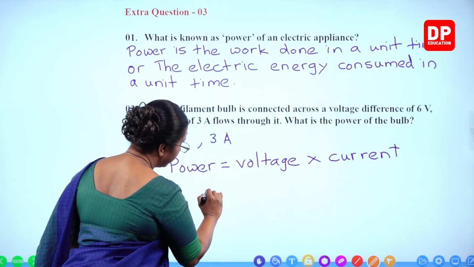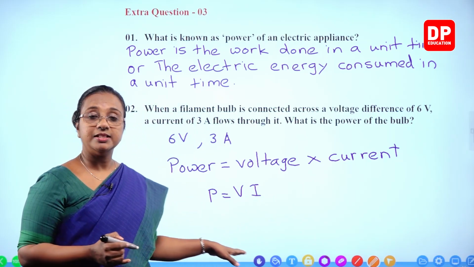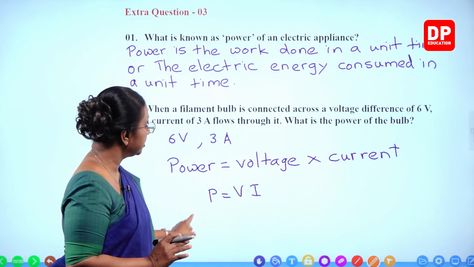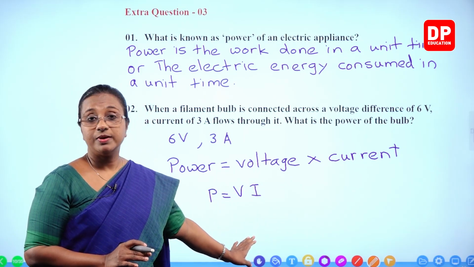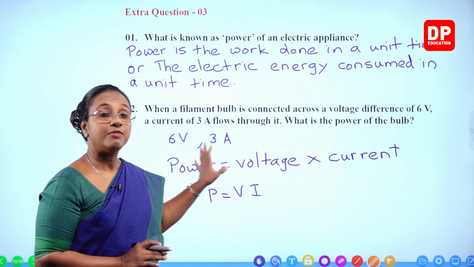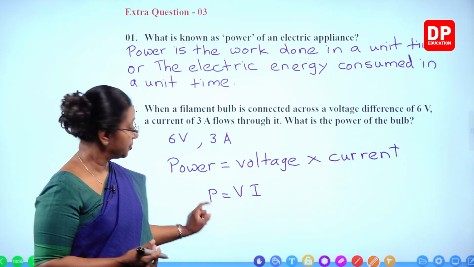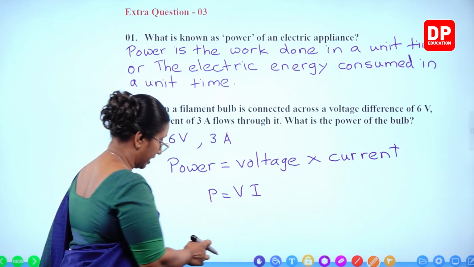That is P equals VI. Now students, when you are writing the answer, you don't have to write the equation in words as well as in symbols. You can just write the equation in symbols. But for you all to recall what you have learned, I am writing both. So if you just write this step and continue, that is more than enough.